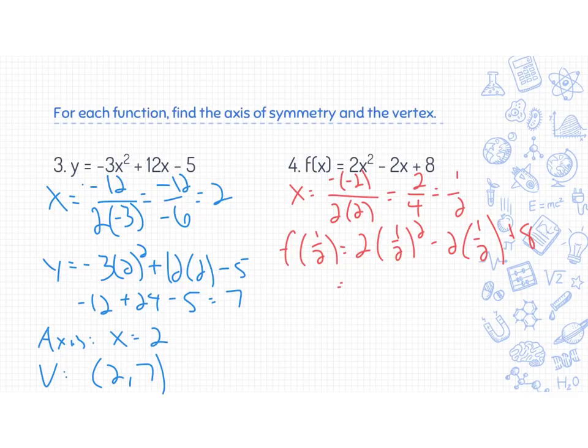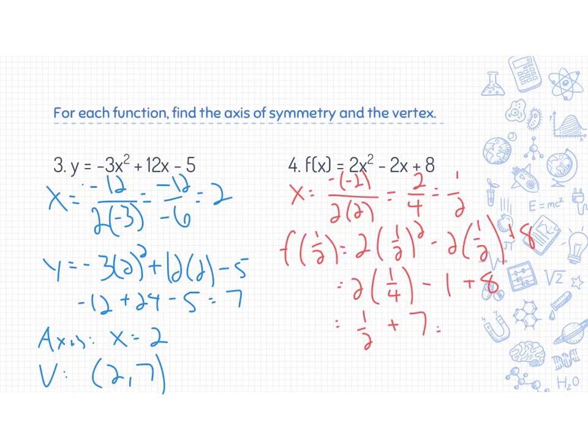So then that gives us 2 times 1/4 minus 1 plus 8, and we get 1/2 plus 7, because negative 1 plus 8 is going to be a plus 7.